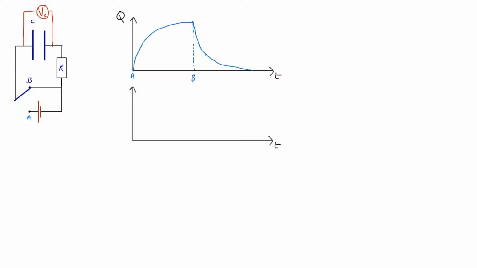So this is a graph of potential difference against time. First of all, we're going to assume it's uncharged. And so we're going to toggle to switch A and start the charging process. So let's suppose, like before, at time equals 0, we put the switch at position A. Of course, the potential difference across the capacitor is proportional to the charge.